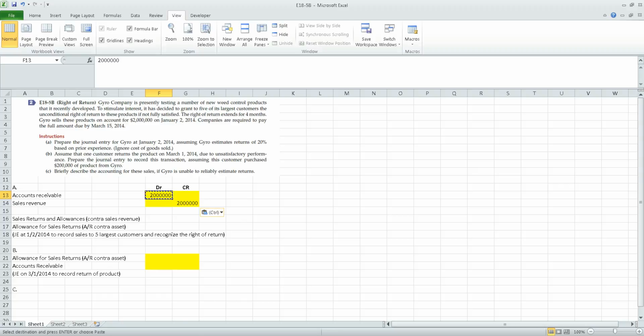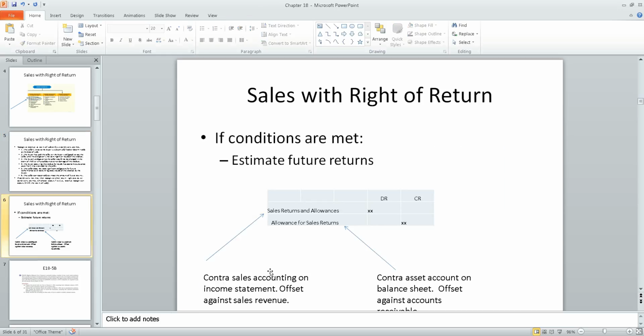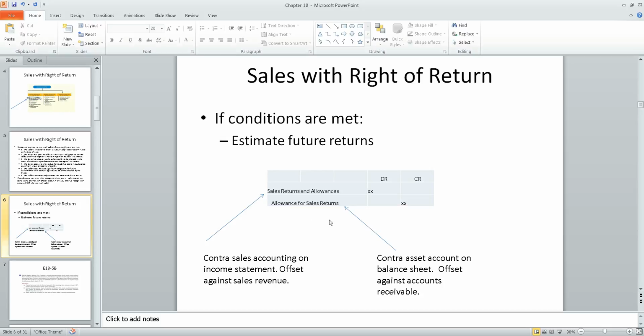So consistent with what we said in class, we're going to make a journal entry debiting a contra sales account called sales return and allowances, and we're going to credit a contra asset account called allowance for sales returns and allowances for the estimated amount of sales returns, which we said was $400,000.